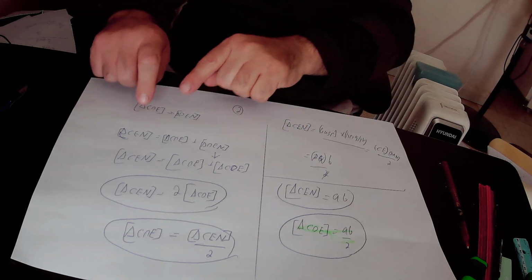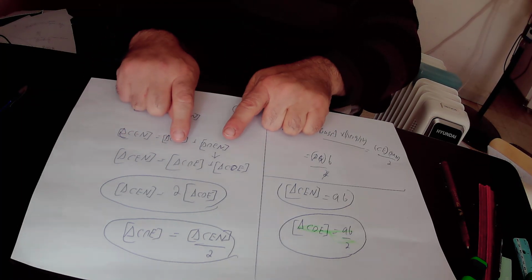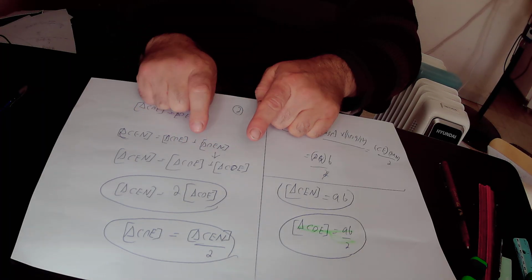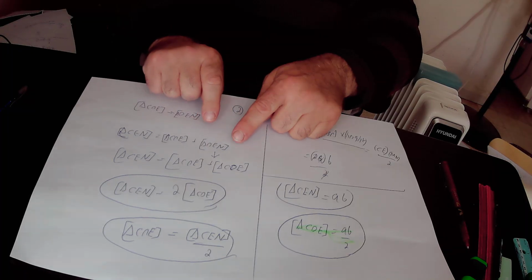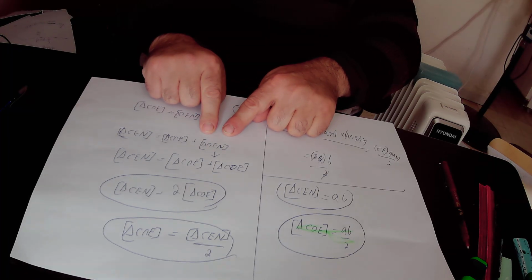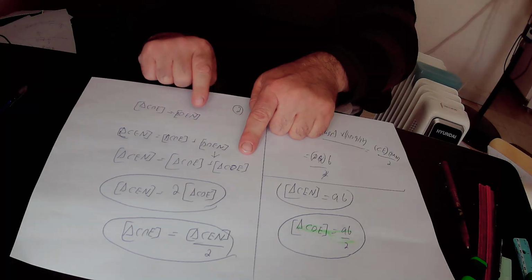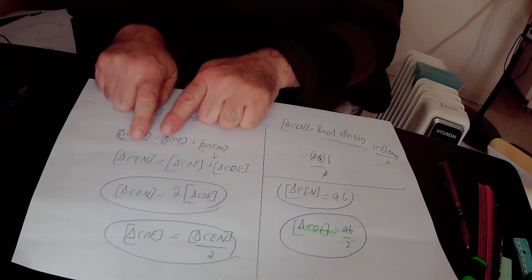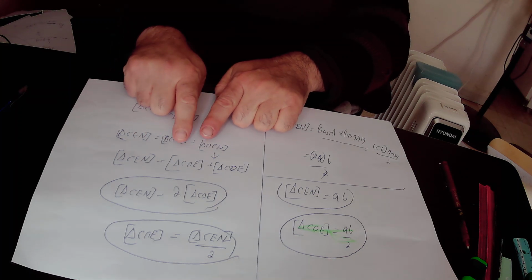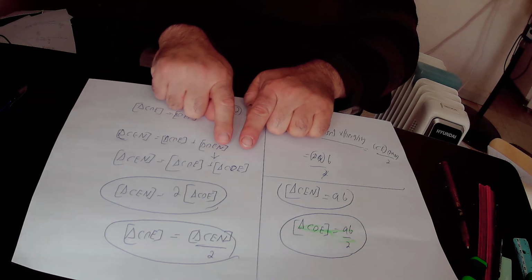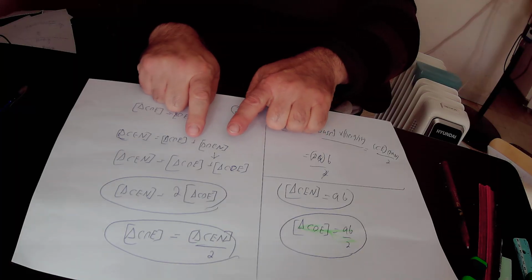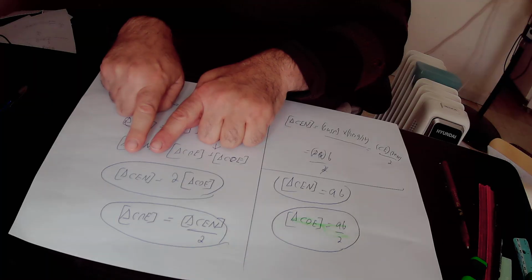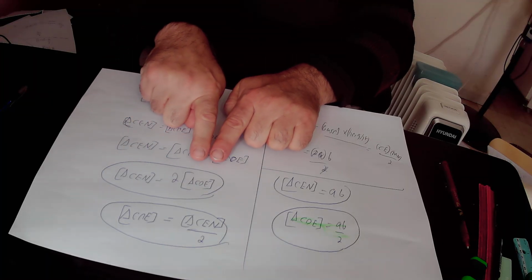So in total, the area of the big triangle CEN equals the area of the green triangle COE plus the area of the green triangle COE. That is actually 2 times the area of the green triangle COE.